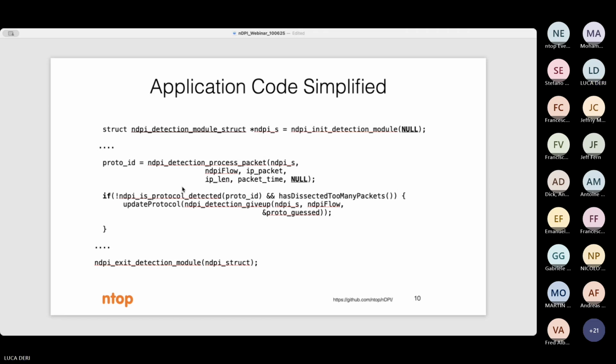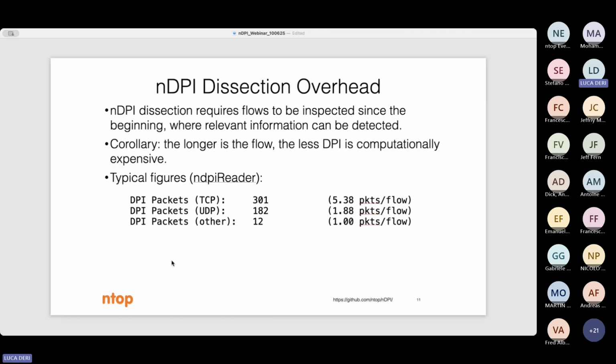In case we have not detected the protocol, but we have spent too much time with this flow, then we call something called give up. Give up says, I don't know what else to do with this flow. So nDPI tries to guess the application based on the information that I passed you, and then give up returns you an application protocol. And then of course at the end you will end with the detection.